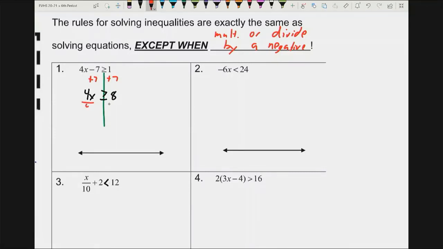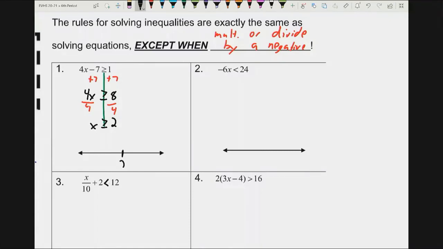Next step, divide by 4. Gives me x is greater than or equal to 2. Now, I did divide, but I divided by a positive number, so that does not invoke that rule. So we leave the inequality sign as it is. Variable on the left, so I'm good.